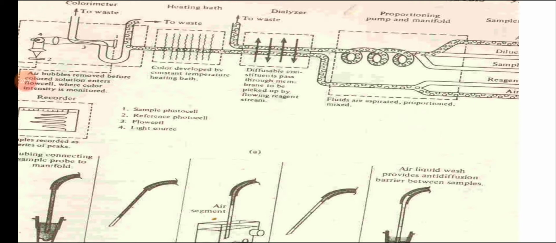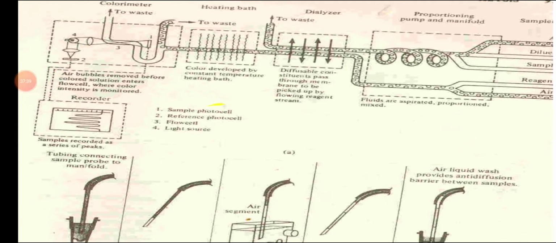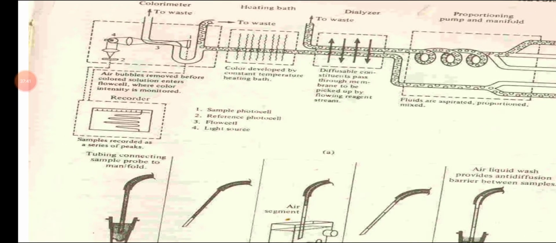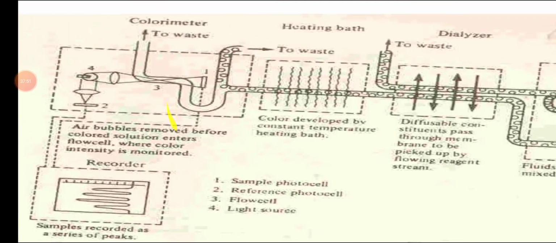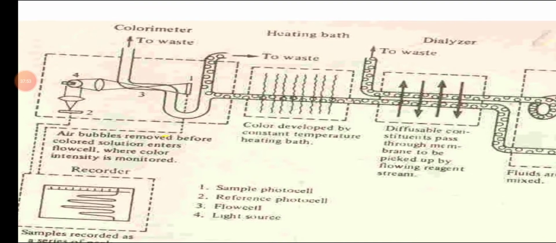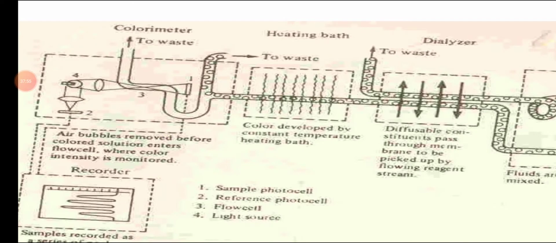It passes to the colorimetry. In colorimetry, by using a colorimetric technique, we can find the concentration of the solution. The unwanted waste materials pass into the waste. The remaining samples enter the colorimeter.